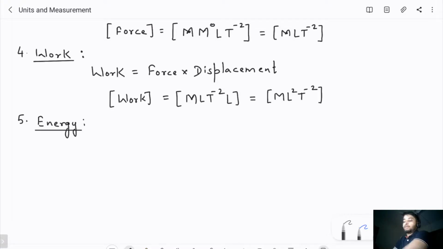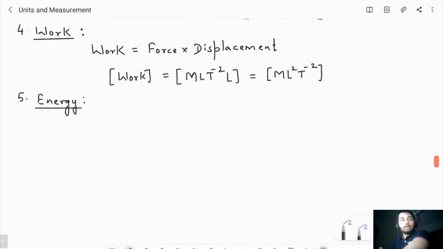Okay. So for example, for energy we can take potential energy. Potential energy formula is mgh. Okay. So now the dimensional formula for potential energy will become same as dimensional formula for mgh.